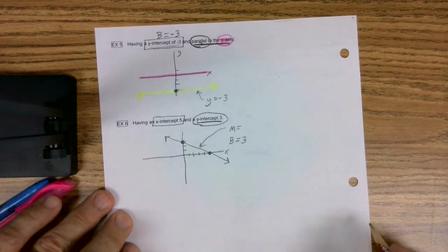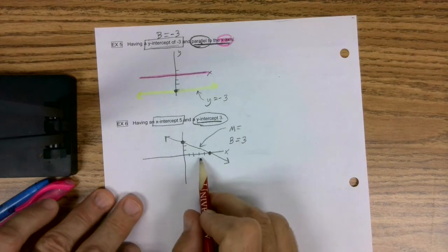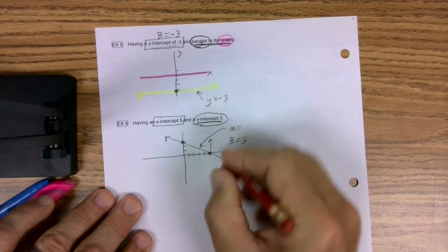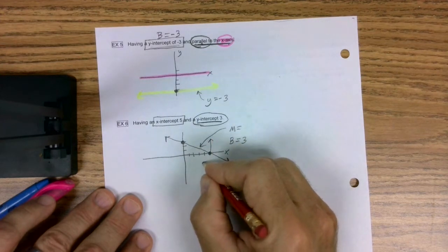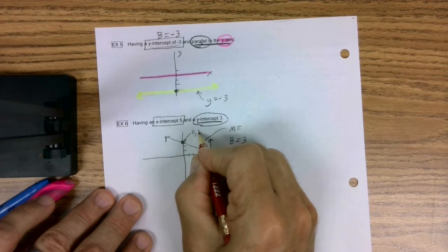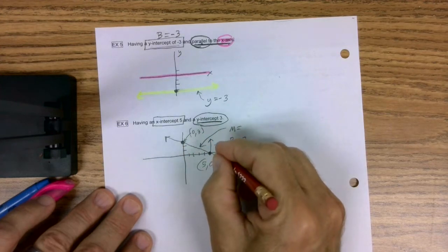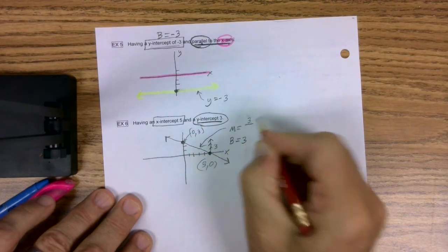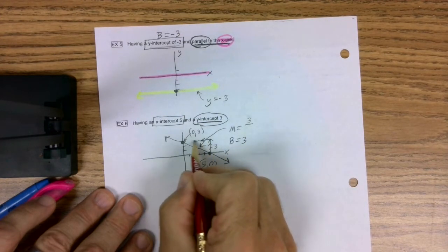Well, how do I figure out the slope? Old school. Look at it. What's the rise? Well, if this point is (5, 0), and that point is (0, 3), what's the rise? Up 3, meaning it's positive. So that goes in the rise. What about the run?